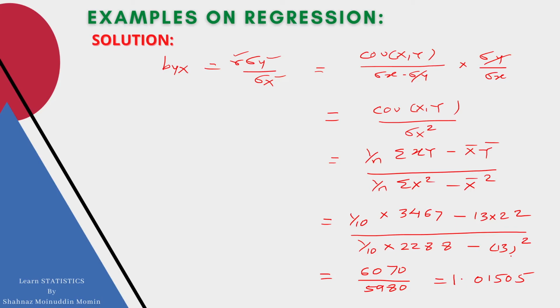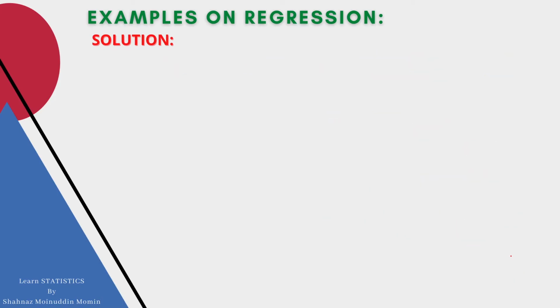The regression coefficient of y on x gives the rate of change of y for a unit change in the variable x. Now we calculate the line of regression of y on x, which is given by y minus y bar is equal to byx into x minus x bar.